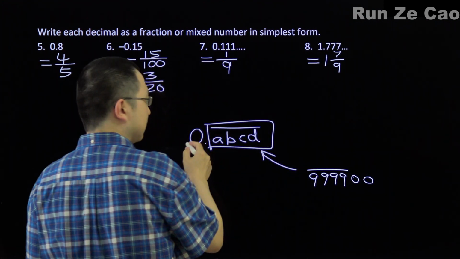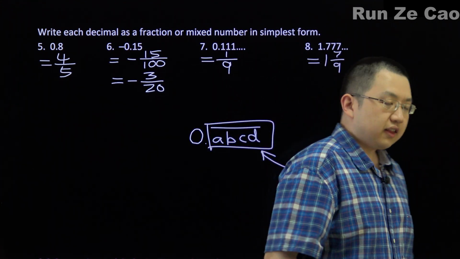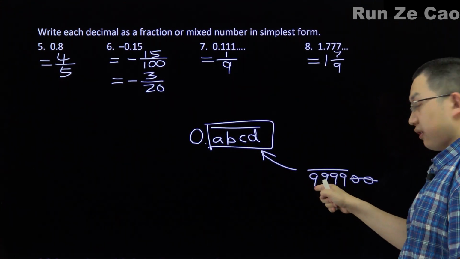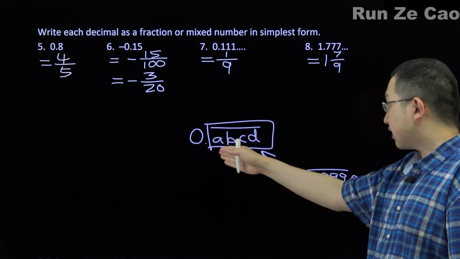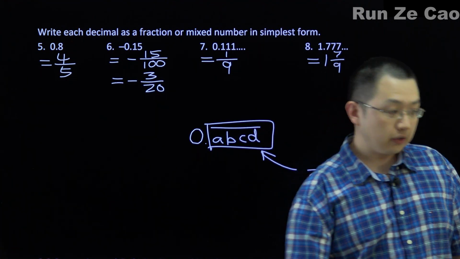But in this case, if it's just 0.ABCD, you don't need anything here. If it's 5 digits repeating, start with 5 9s. If it's 6 digits repeating, you start with 6 9s, and so on.